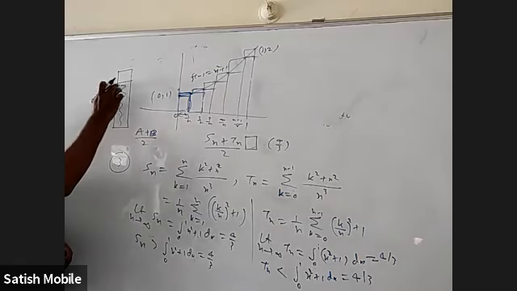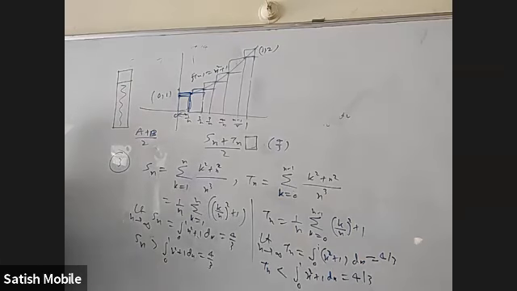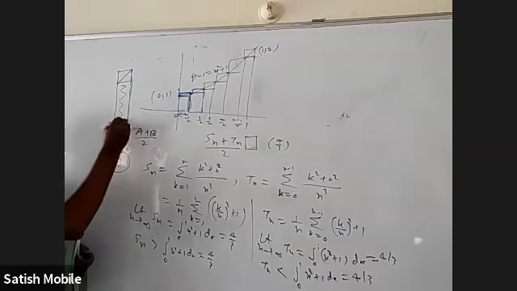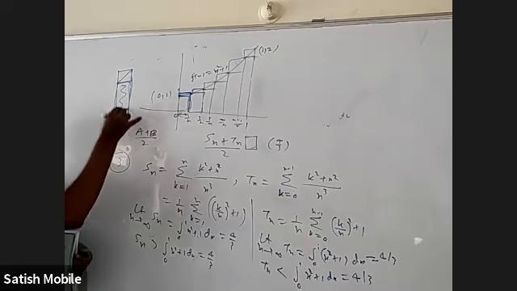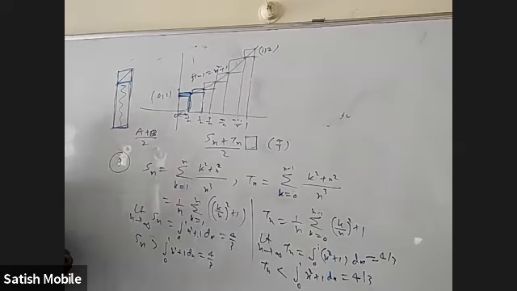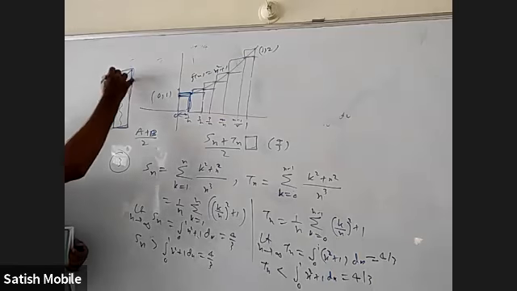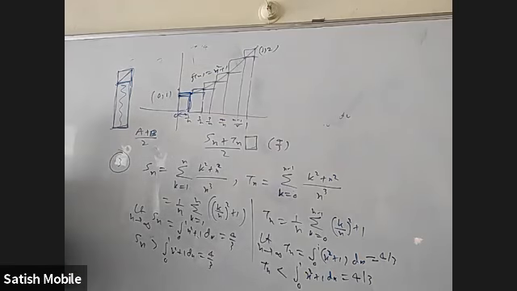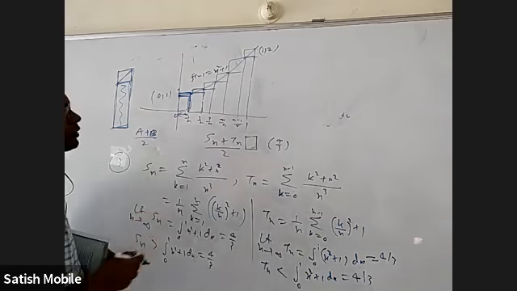This total area plus this area by 2 will give what area? It will give this trapezium area, because these are common and this I have to divide by 2. Right? And you draw the diagonal. Okay, it is this. So in the same way, Sn plus Tn by 2.